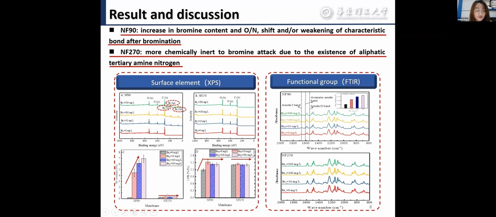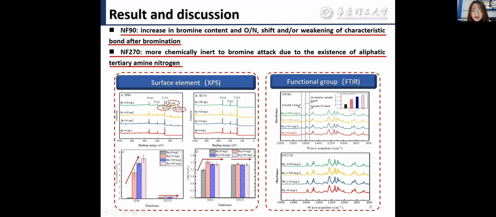The bromine content for virgin and brominated NF270 didn't show a significant difference. The ratio between oxygen and nitrogen increased from 1.2 for virgin NF90 to 1.5 for membranes treated by 10 ppm bromine, then the ratio kept nearly constant. And the oxygen to nitrogen ratio for virgin and brominated NF270 was nearly constant at 1.4 due to the stability of the tertiary amine nitrogen.